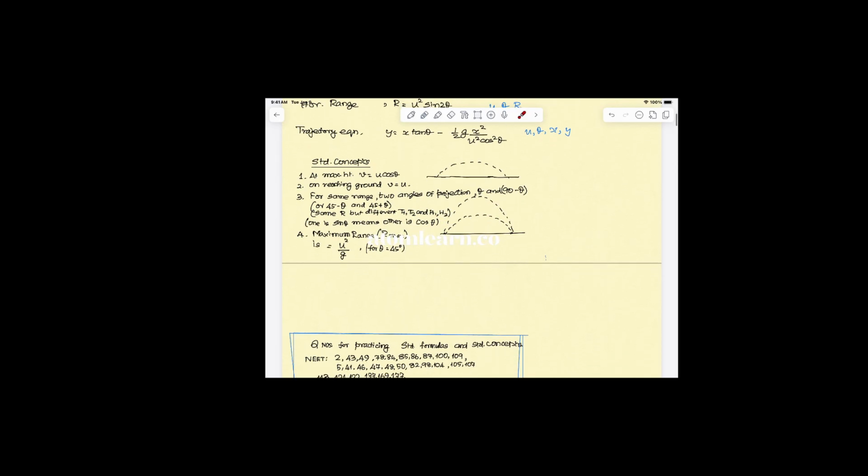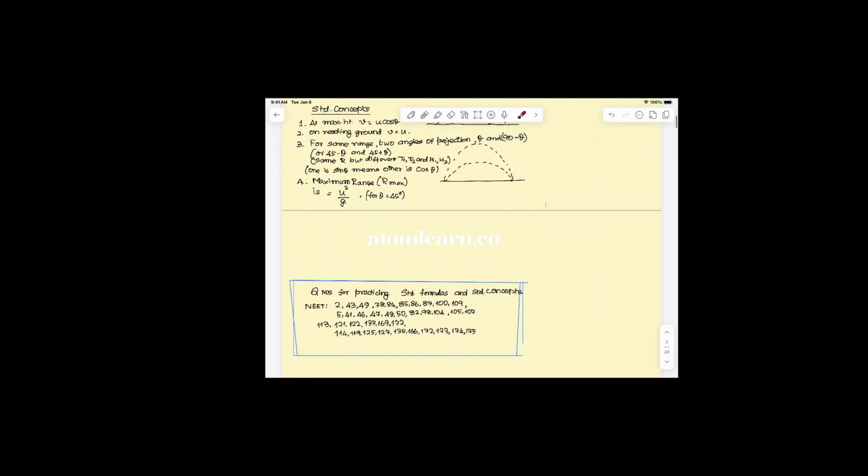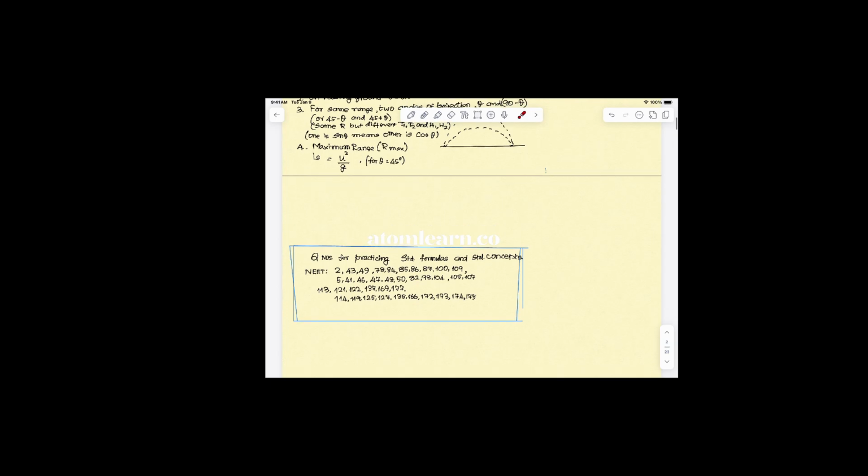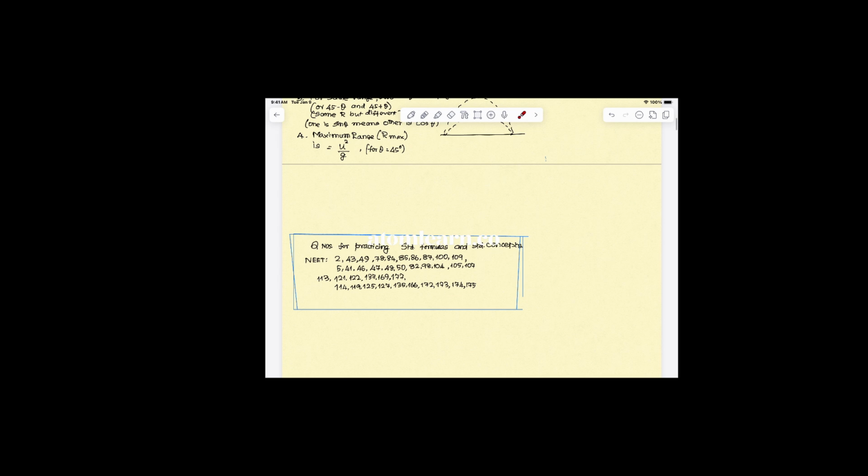Now we will practice some past asked questions from both NEET as well as JEE Main, based on the simple standard formula, direct substitution kind of questions, plus the standard concept-based theoretical questions. For your practice, we have given you the PDF file, in which I have given the question numbers from past asked NEET and JEE Main papers.